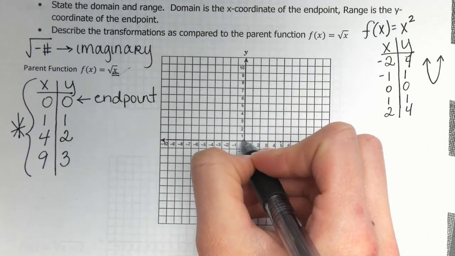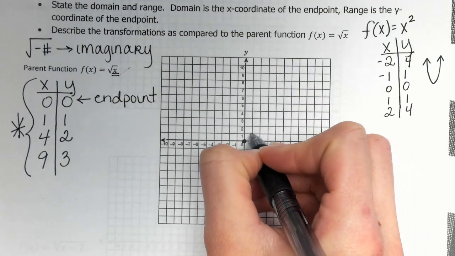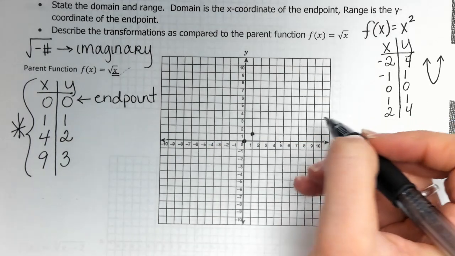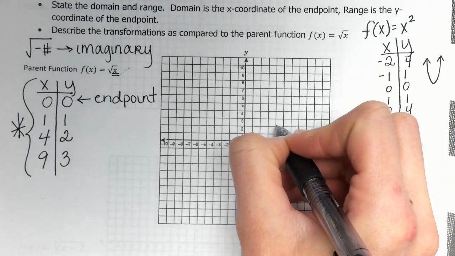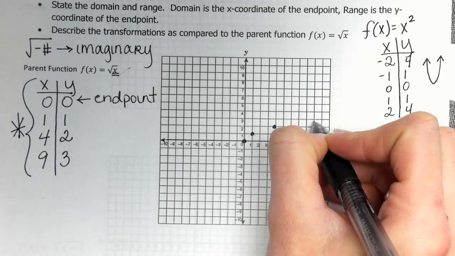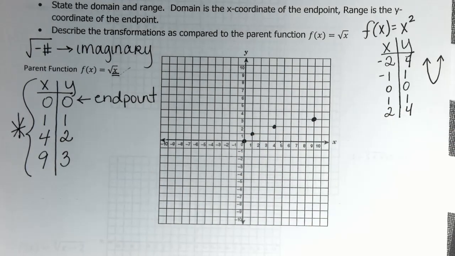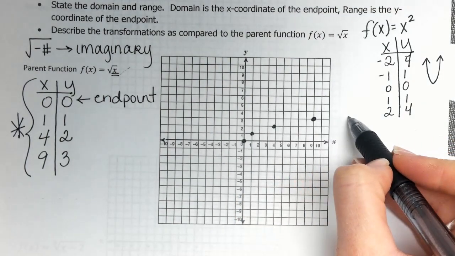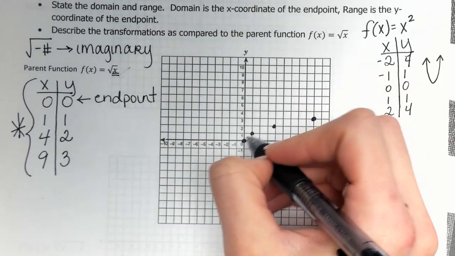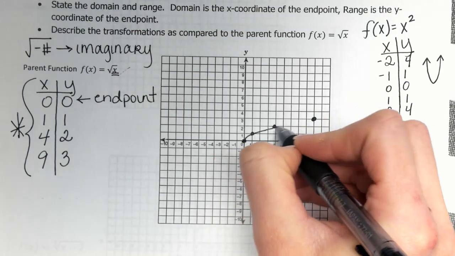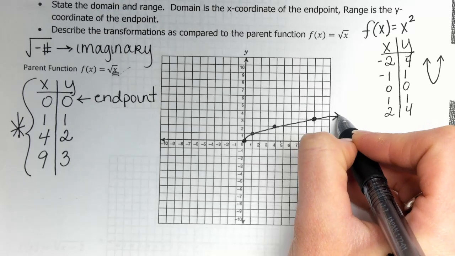We'll plot those points. Okay, now I said I had an endpoint at 0, 0, but it goes on to infinity as I go to the right. Okay, so I'm going to have my endpoint, go to the right, and put my arrow.